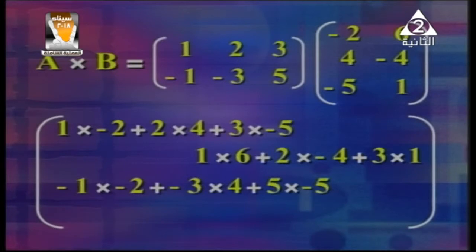The second row by the first column: negative 1 times negative 2, negative 3 times 4, plus 5 times negative 5.